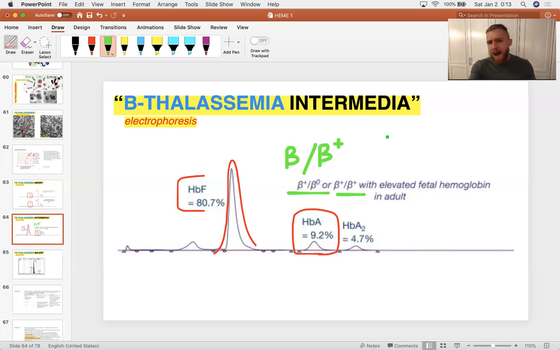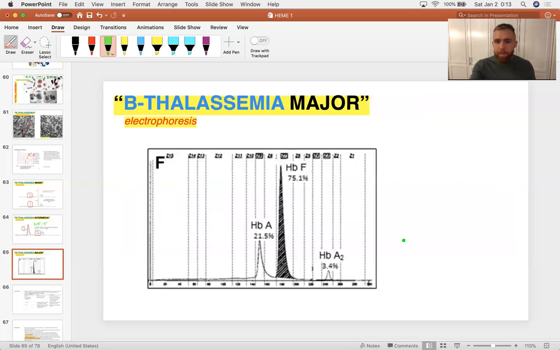And then B naught, B0, that means you have absolutely no beta globin coming from that one gene. So obviously, if you have B0, B0 as your genotype, because you've got two beta globin genes, then you have what we call beta thalassemia major, in which you've got nothing but fetal hemoglobin in your blood.